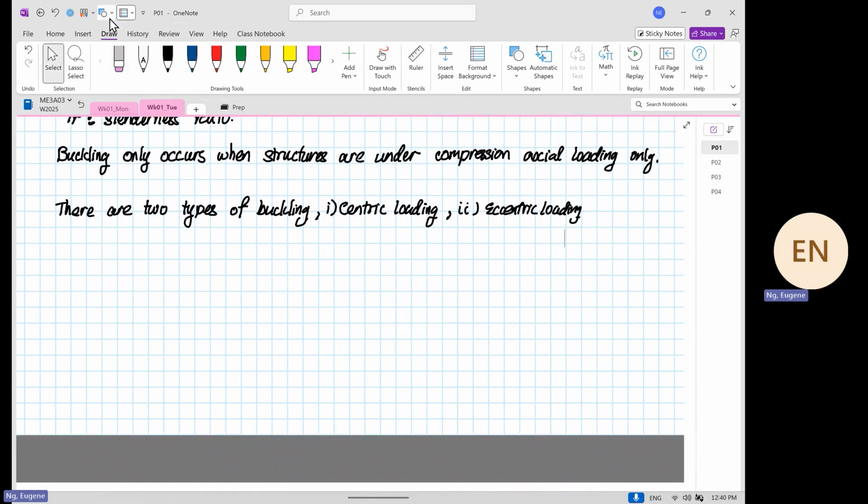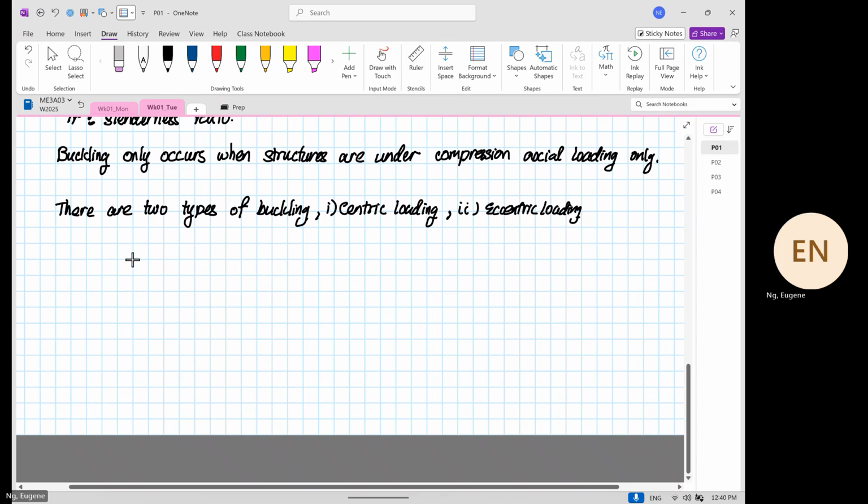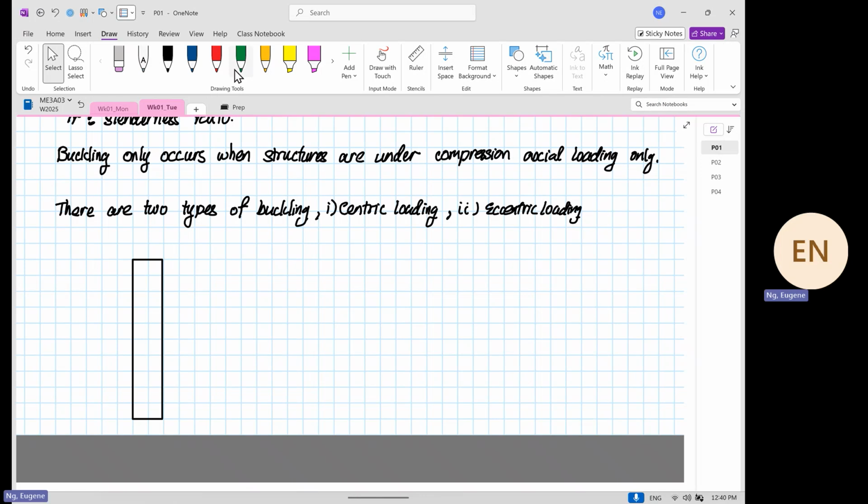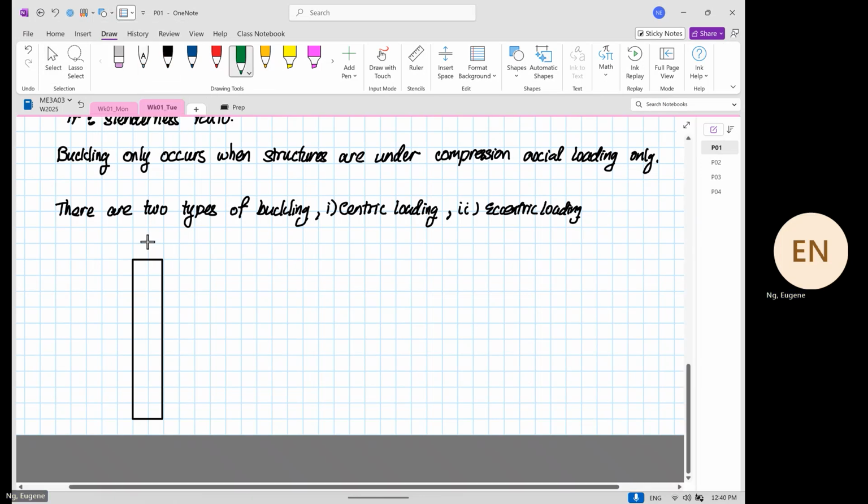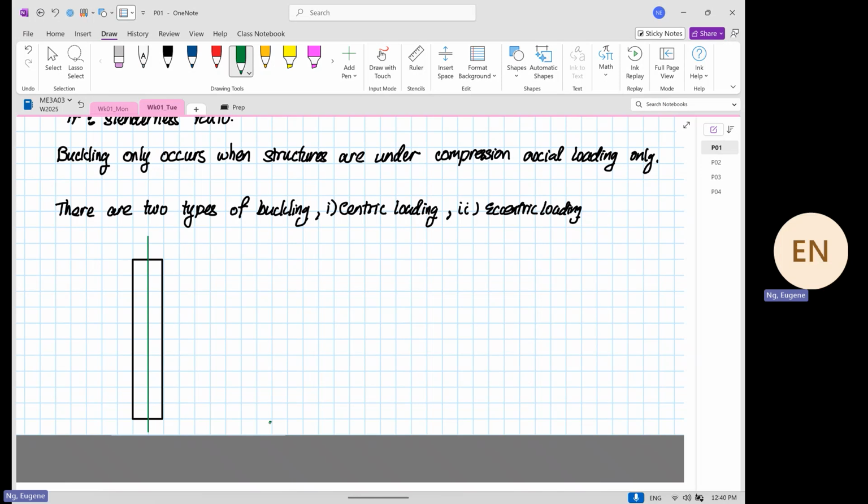So if I have a beam, and coming through is a green line, what we call this is known as our centroid, and the load is applying along the what?